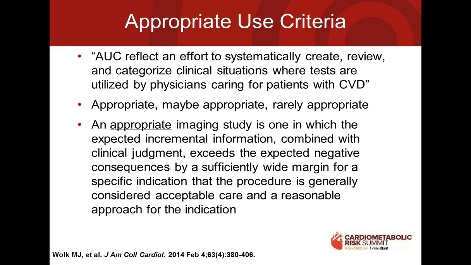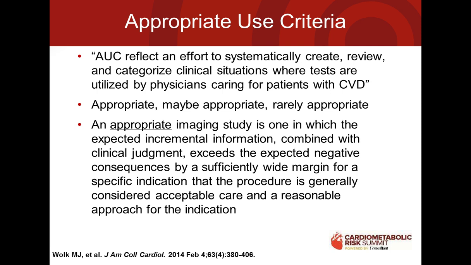So somebody who has low cardiovascular disease risk, they are asymptomatic. That's a clinical indication. That's a clinical scenario. And then appropriate use criteria can be developed where a group of experts will sit in a room and say, how many people think that doing treadmill testing is good for that patient? And they vote. And then the same group says, how many people think that we should do stress nuclear for asymptomatic low-risk patients, and they vote.